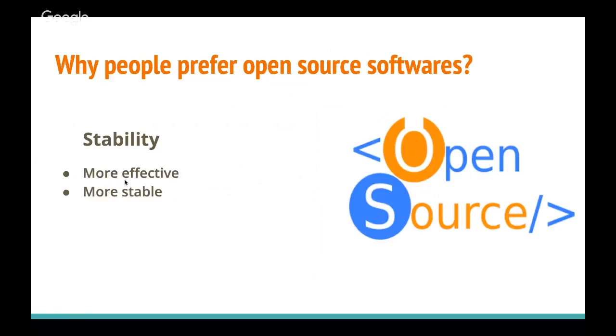The next one is stability. More users prefer open source software to proprietary software for long-term projects because when using open source software, they enjoy the right to make any changes they like. And they can shape it in a way that is specific to their long-term project.